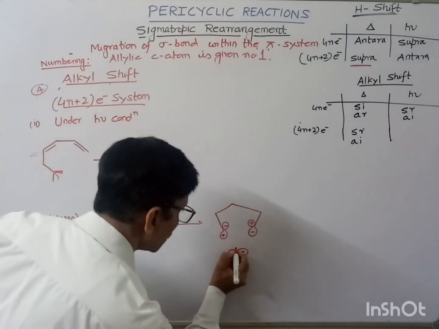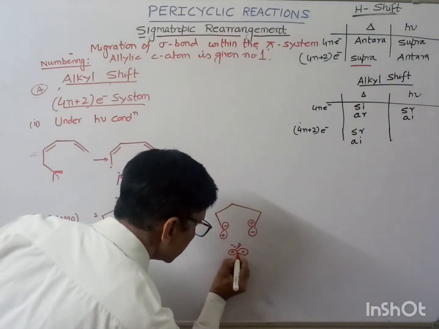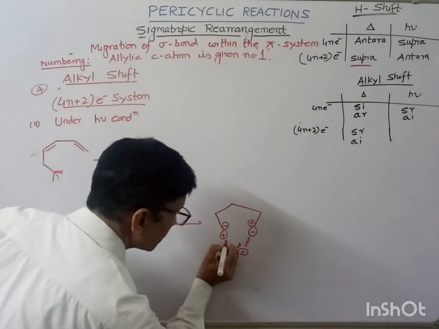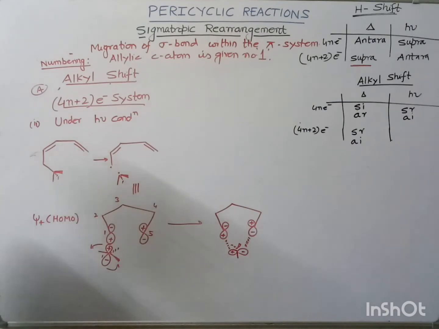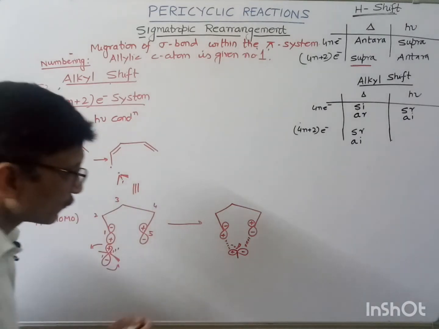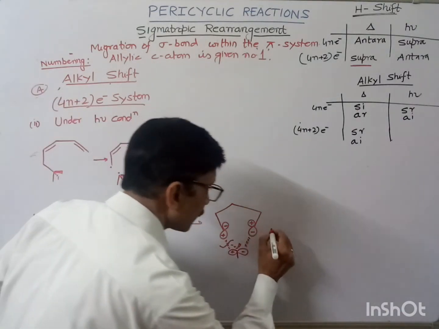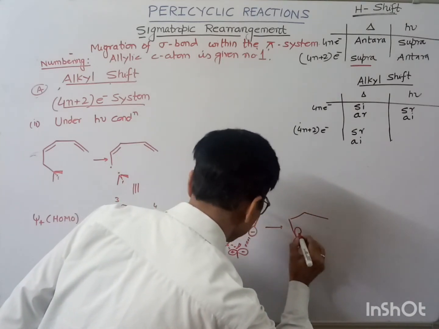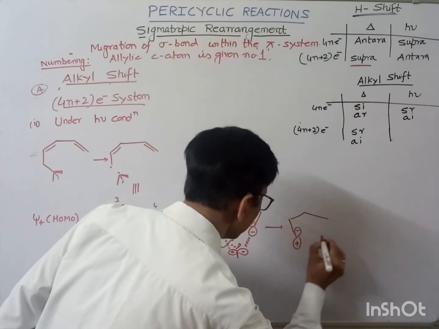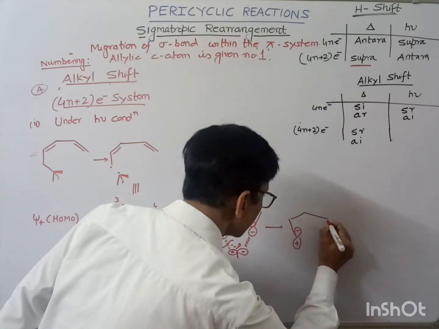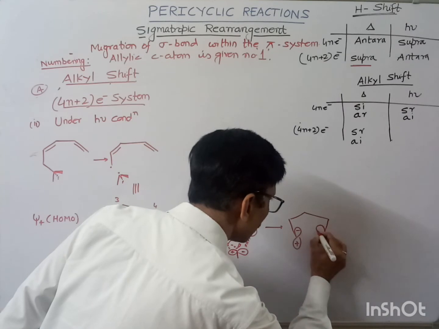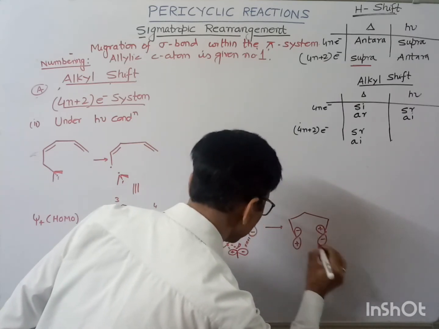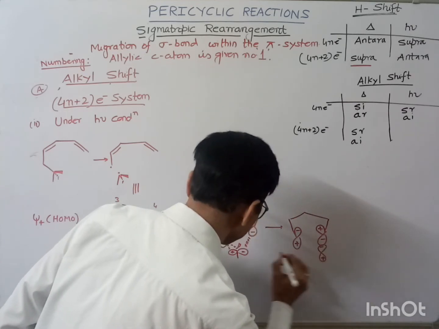Okay, so like this, a 90 degree migration, and you can see the bonding interaction. Finally this will break, and you will get the complete bond broken from the first position, and a new bond formed at the fifth position, like this.